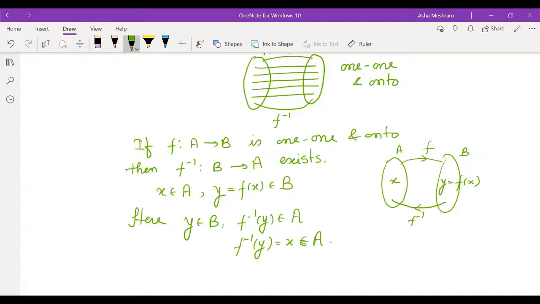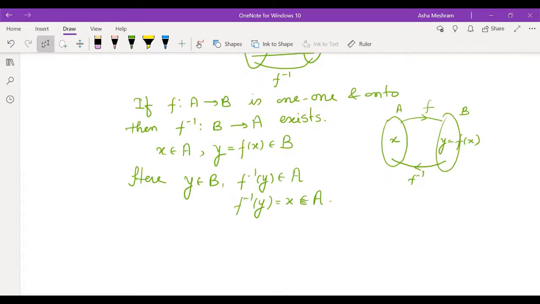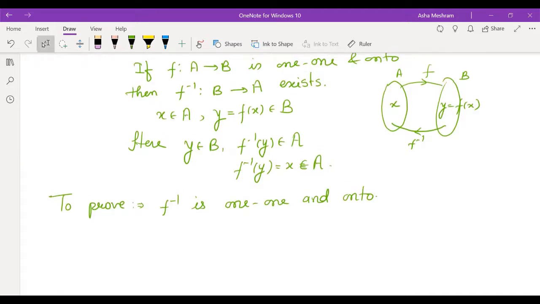Now we prove that F inverse is also 1 1 and onto. To prove F inverse is 1 1 and onto, just recall the definitions.